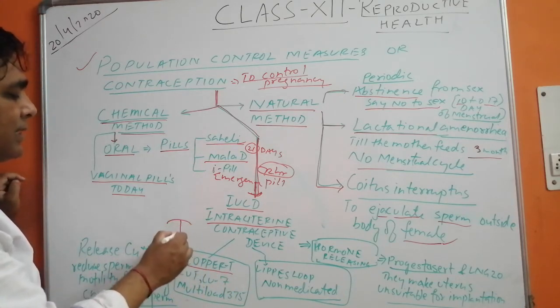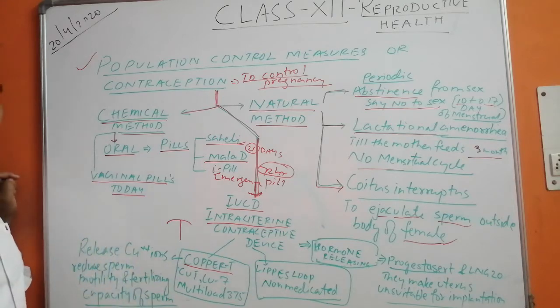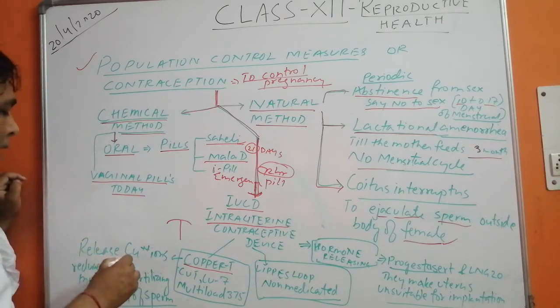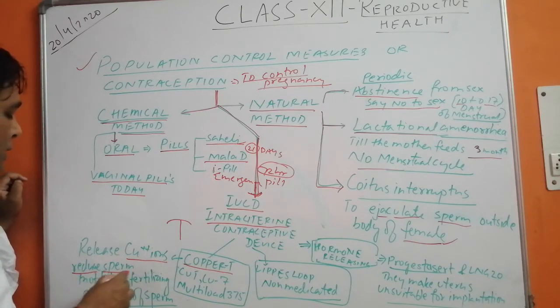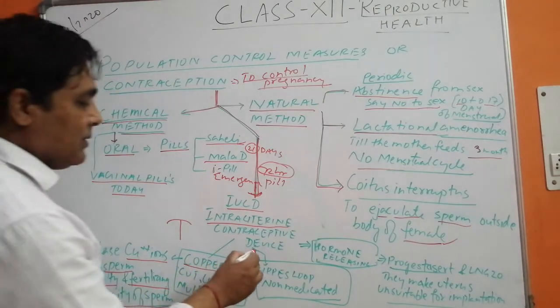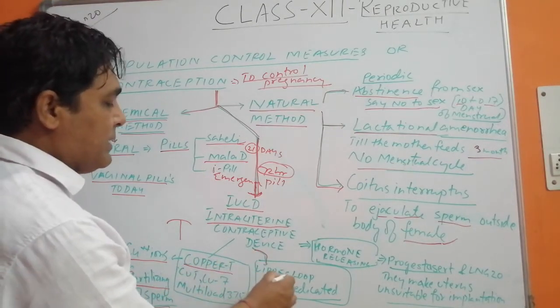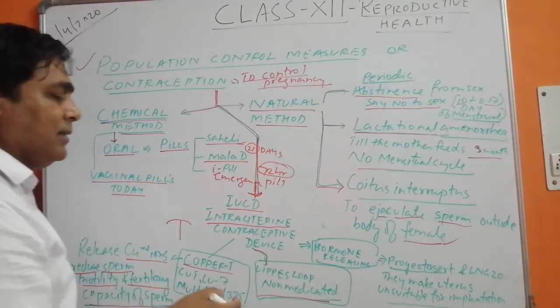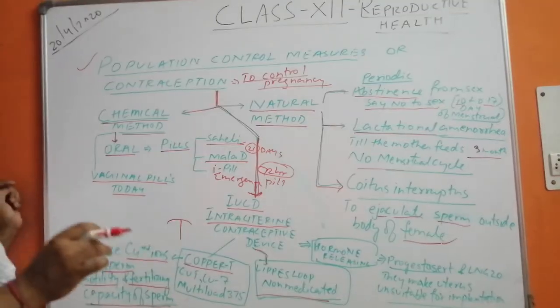It is a T-like shape which is put by a specialist inside the female body through the vagina, and it releases copper ions which reduce sperm motility, that is the movement, and the fertilizing capacity of the sperms. Second is the Lippes loop, which is non-medicated, meaning it will not release any medication, but it prevents pregnancy.